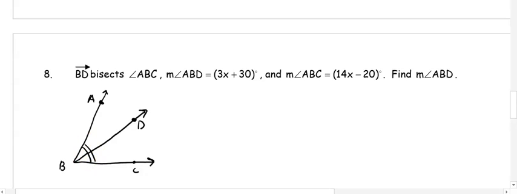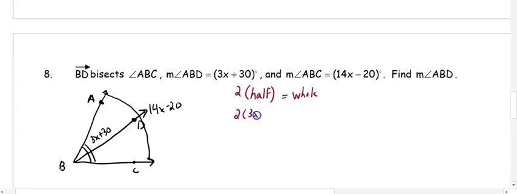We know that ABD is 3x plus 30, and ABC is 14x minus 20. So in this case, we have a half an angle and a full angle. So we need two halves to equal our whole. So we have 2 times 3x plus 30 is equal to 14x minus 20.